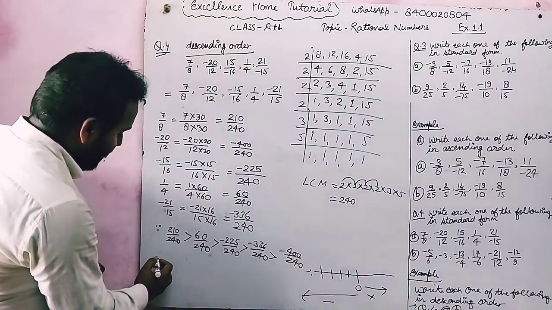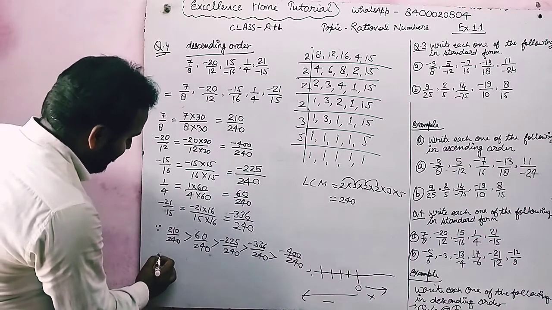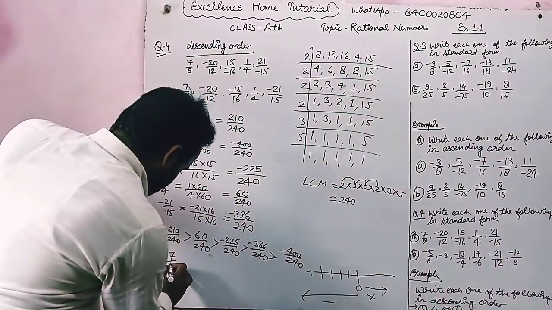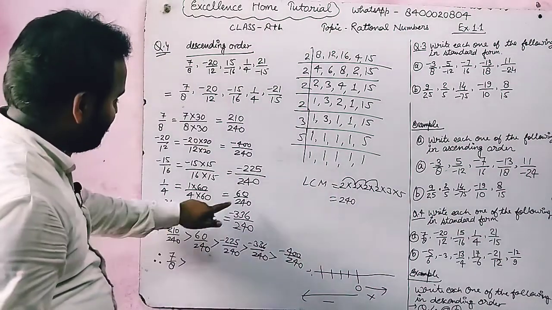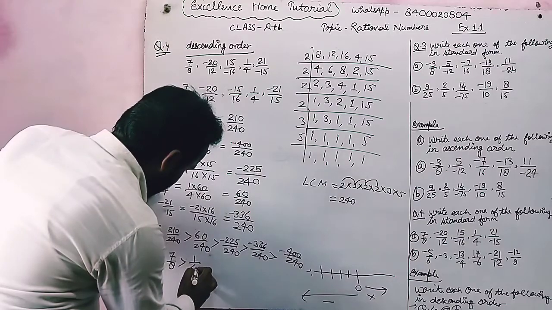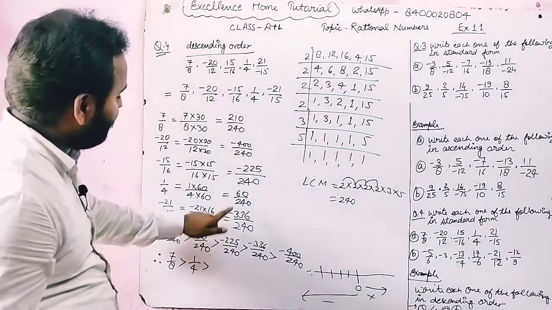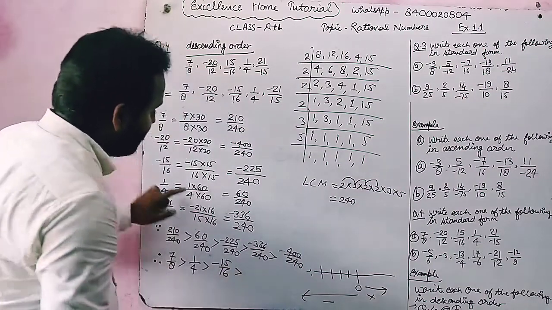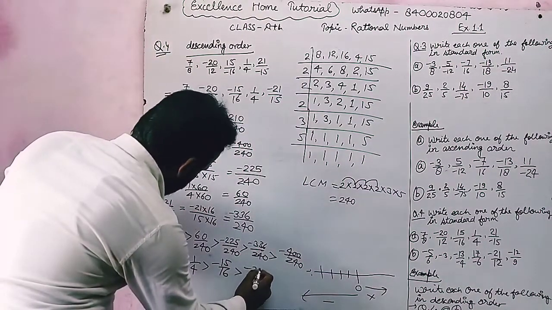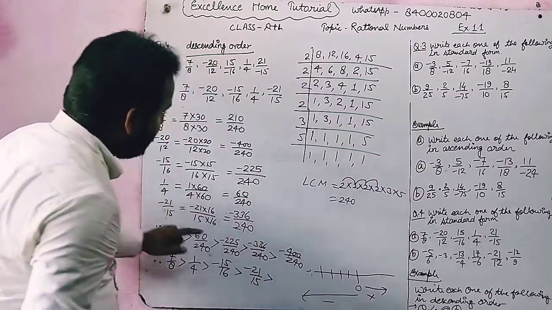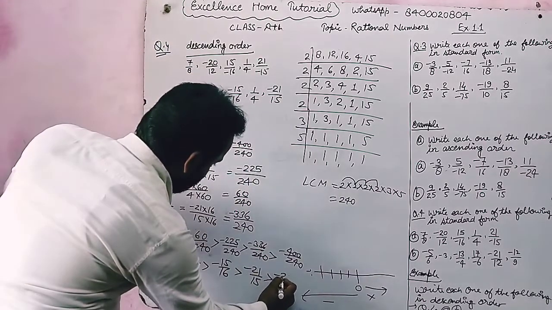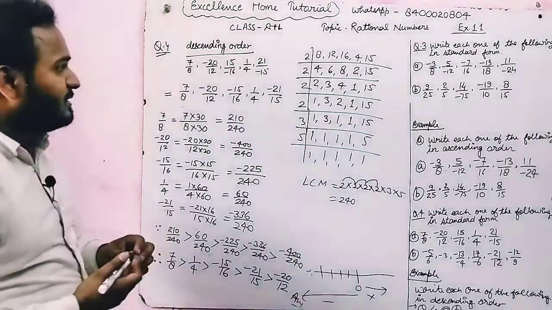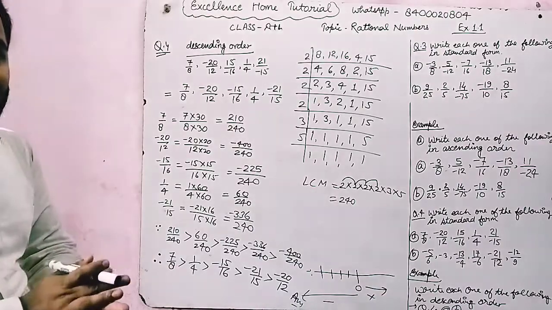Hence we can say that 210 is 7 by 8, greater than 60 which is 1 by 4, greater than minus 225 which is minus 15 upon 16, greater than minus 21 by 15, greater than minus 20 by 12.